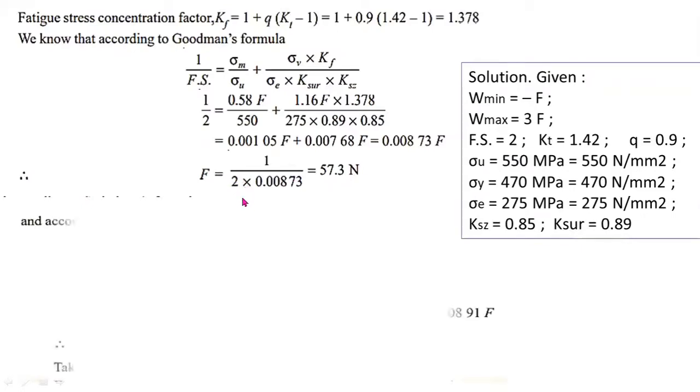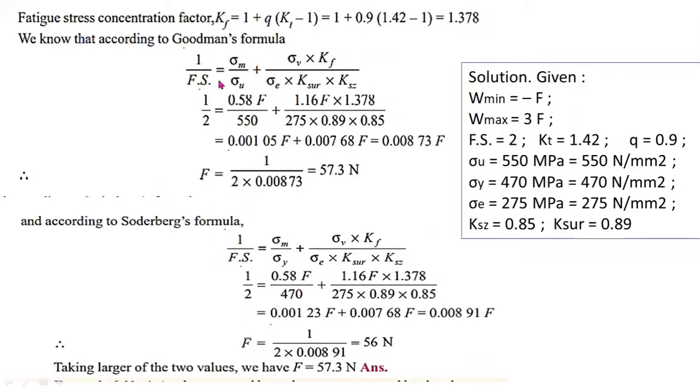In a similar way, according to Soderberg formula, 1 by Fs equals sigma m by sigma y plus sigma v into Kf by sigma e into K surface K size. So 1 by Fs equal to 2, sigma m equal to 0.58 F, sigma y is 470.